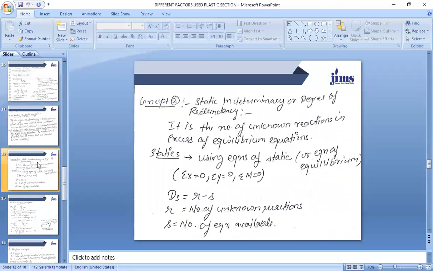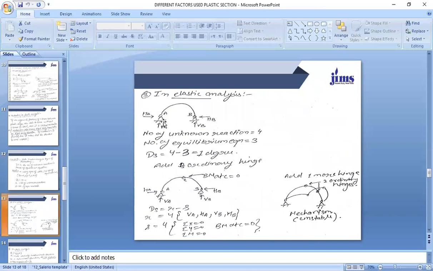Static indeterminacy or degree of indeterminacy. It is the number of unknown reactions in excess of equilibrium equations. It is calculated as R minus S. R is the number of unknowns and S is the number of available equations, which is 3 in case of 2D and which is 6 in case of space frames. Right? You can see here it is a structure which is hinged on both sides.